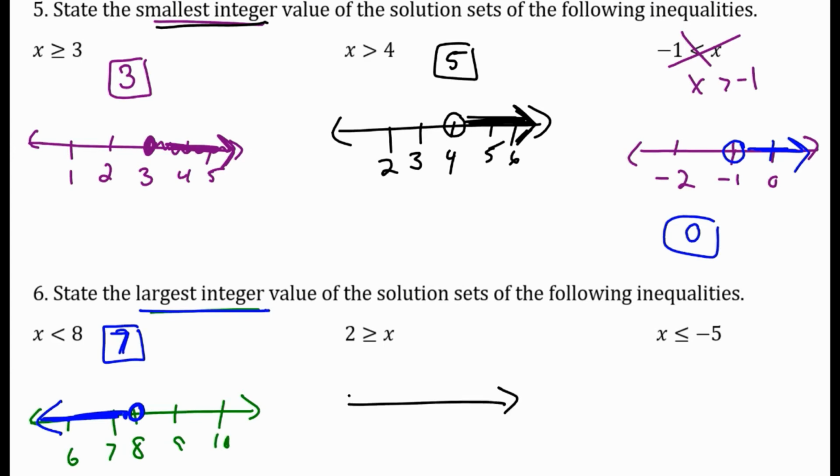2 is greater than or equal to x, so x is less than or equal to 2. Here's 2. Closed circle. And I want to be smaller than it. What's the biggest value in that ray there? The biggest integer? 2. I can be 2, so 2 is the biggest value.